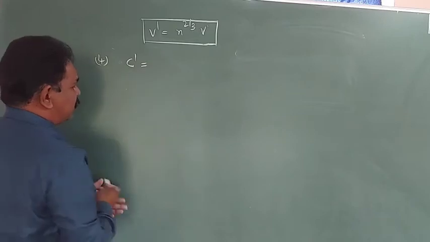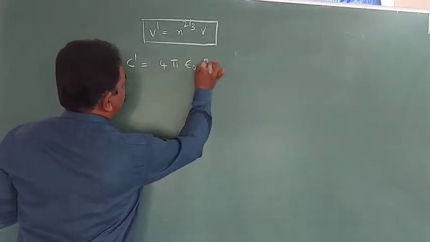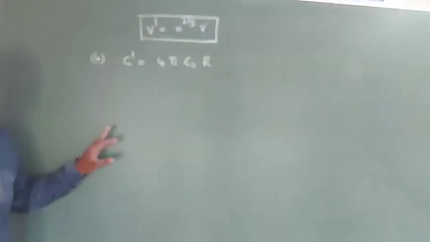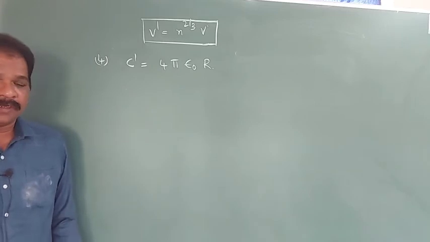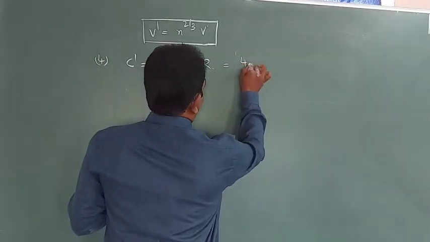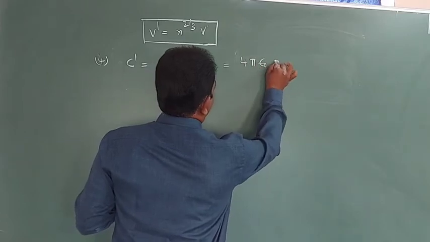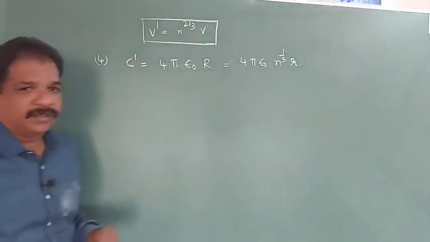Capital C dash is equal to the capacity of a spherical conductor, formula 4 pi epsilon naught into capital R. Here this value will be, we know, 4 pi epsilon naught n power 1 by 3 into small r.